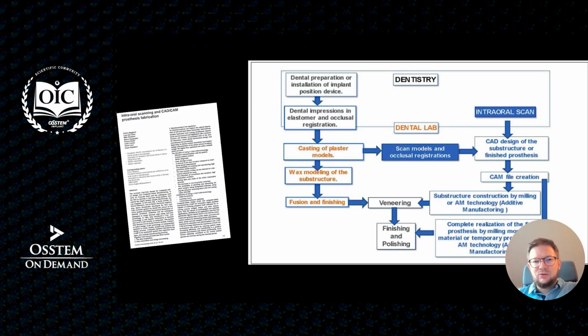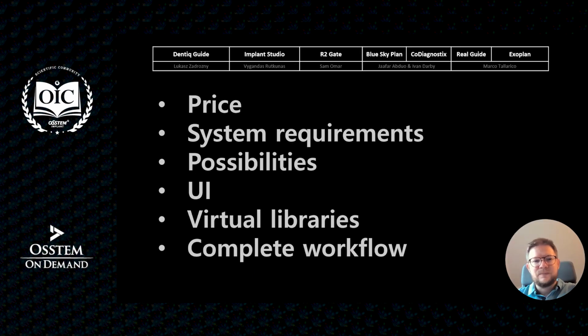That is another scheme showing what is the clinical part over here and the lab part down in the graph. What did we check? We checked the pricing, system requirements, given possibilities of the software, then user interface or friendliness of dealing with the software.